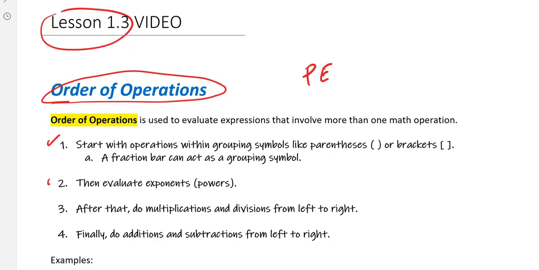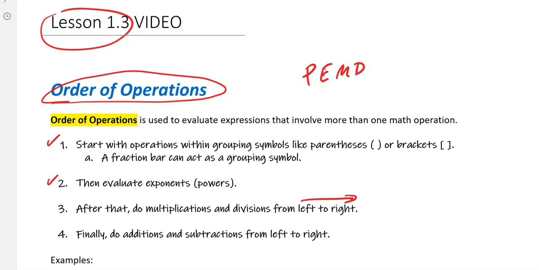Then after you've done those two things, you do multiplication and division operations in order from left to right. So whatever comes first as you move from left to right. Division might come first, so you do the division first if you're moving from left to right. But we say multiplication and division.